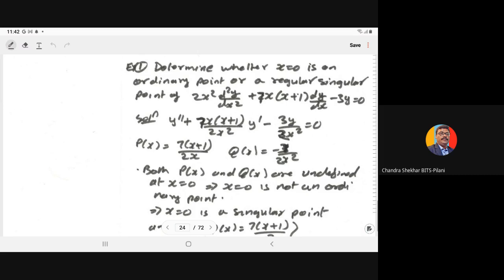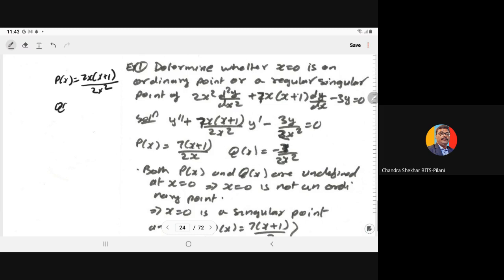Now, some questions from the book. Determine whether x is equal to 0 is an ordinary point or regular singular point of 2x square d2y/dx2 plus 7x(x plus 1) dy/dx minus 3y is equal to 0. So x is equal to 0. What is p(x) for this question? p(x) will become 7x(x plus 1) upon 2x square.